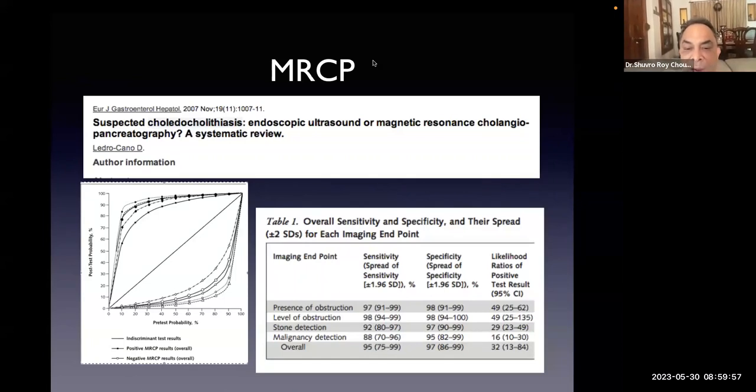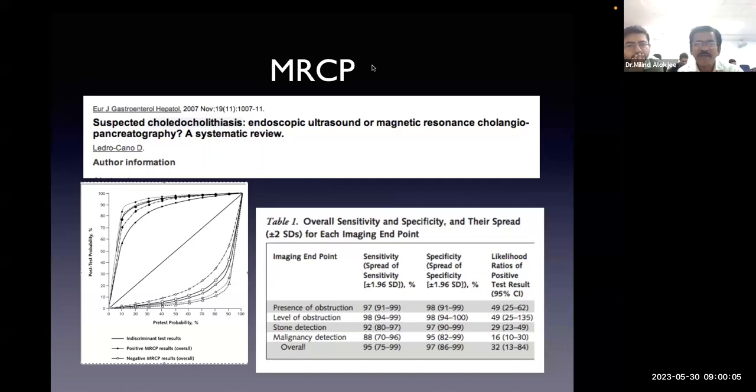If you compare, which one is which? It's not clear. So the first row is MRCP, the second row is EUS, I think. As you can see, both are very good. EUS is better in detecting, is it?